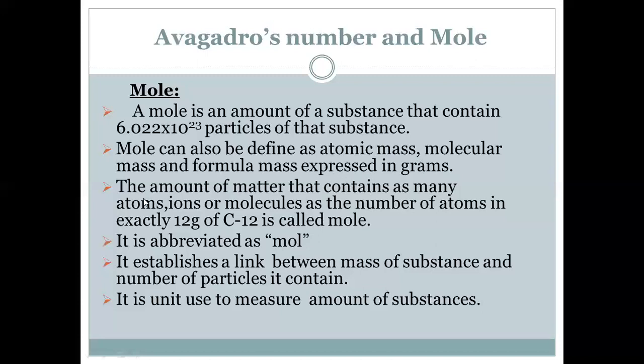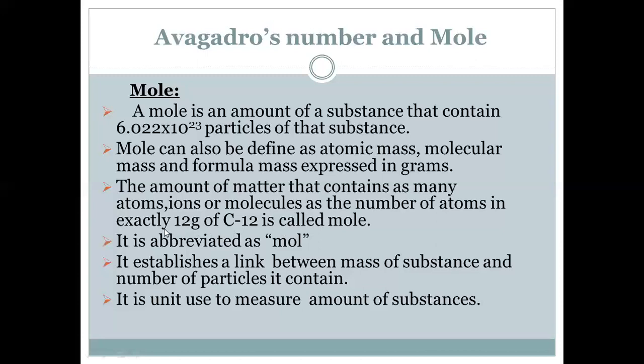The third definition of mole is the amount of matter that contains as many atoms, ions, or molecules as the number of atoms in exactly 12 grams of carbon-12. Carbon-12 is an isotope of carbon with a mass of 12 grams.